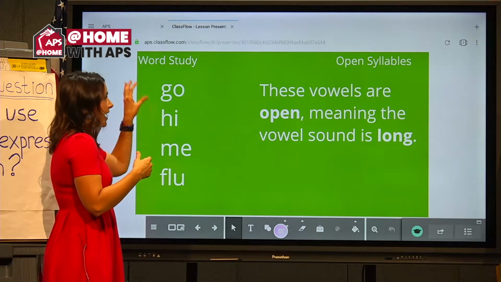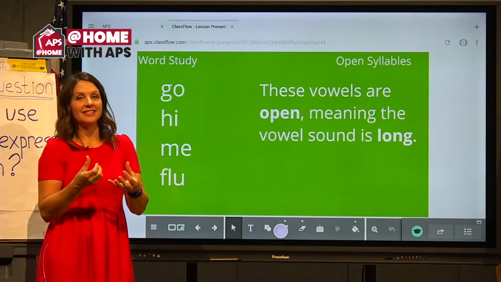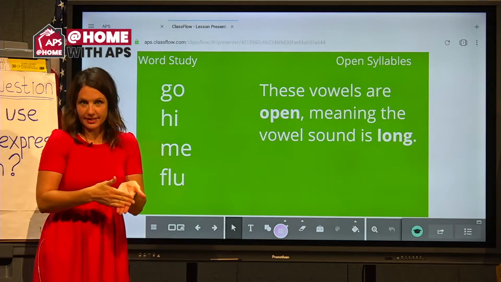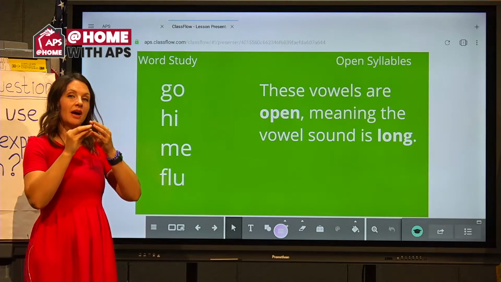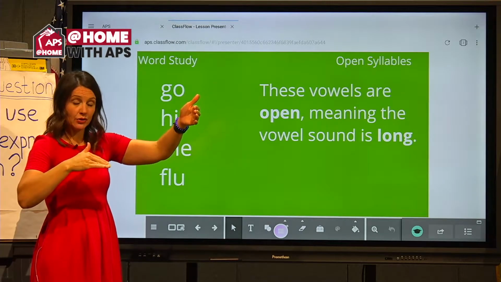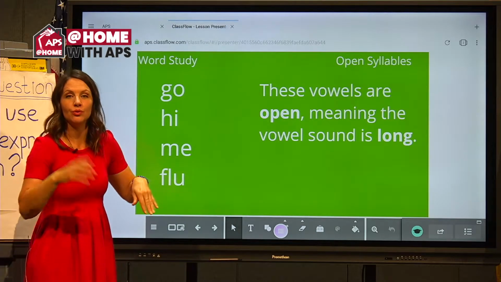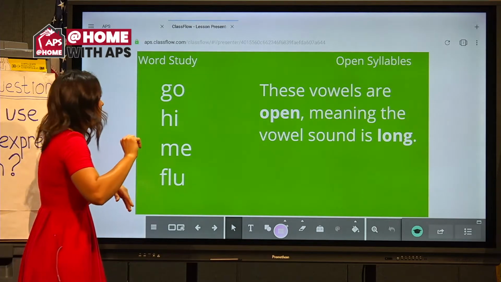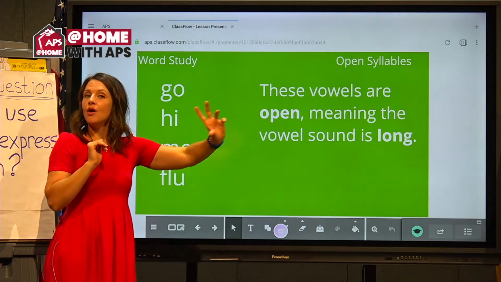These words have vowels that are open because they have a long vowel sound. Open means you can hear the vowel sound continue on. Long vowels say their name. A, E, I, O, U. We're listening for those sounds. The word go, g, o.